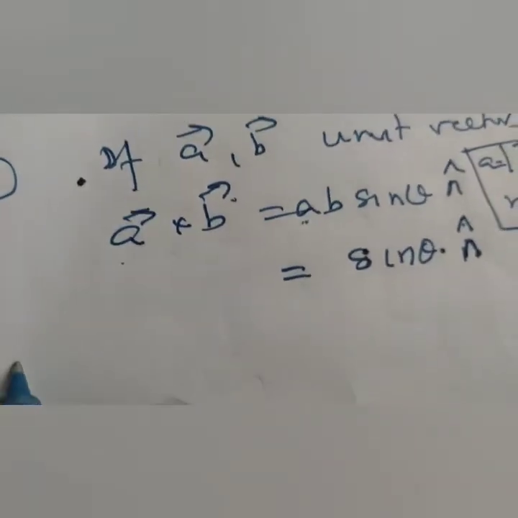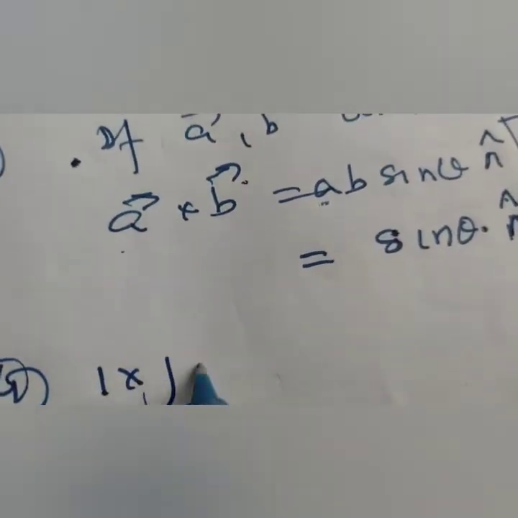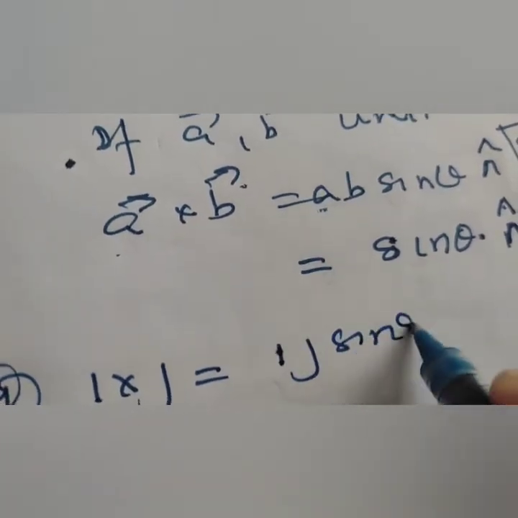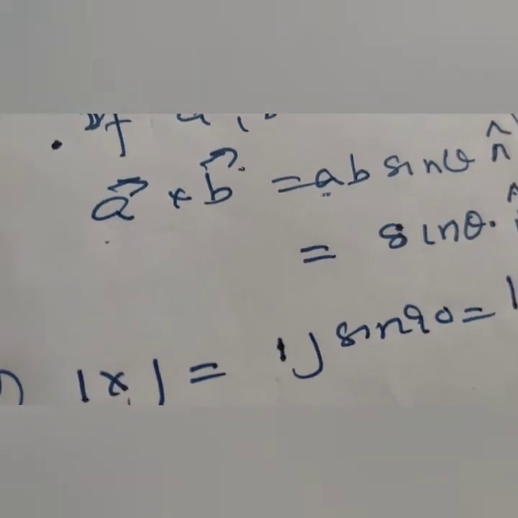Now the fourth property is I cross J. Because of 90 degrees, sin 90 is equal to 1. Remember this one.